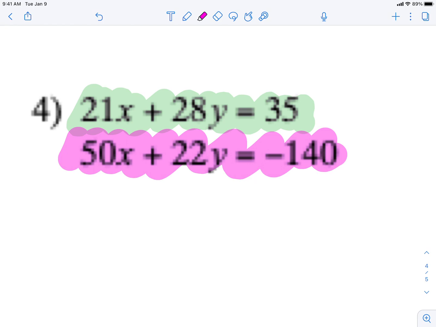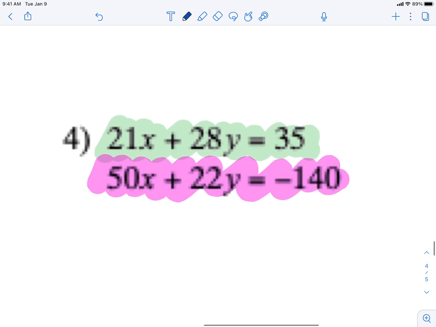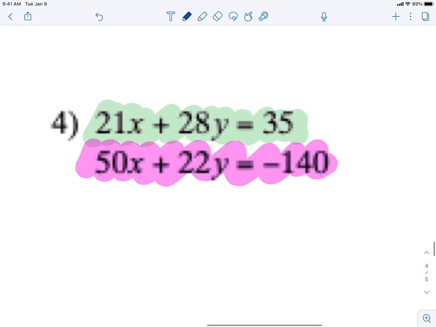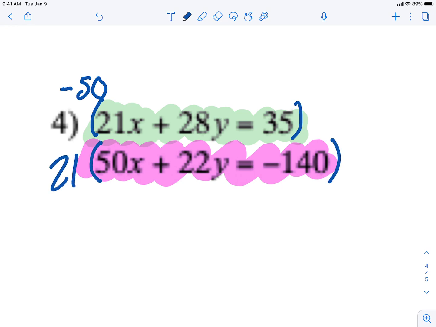Now this one is unique because I have to multiply these numbers by each other, because there's nothing that I can do to multiply one by the other to get a number that matches. So what I'm going to do is multiply this top equation by negative 50. And I'm going to multiply this bottom equation by 21, just like this.